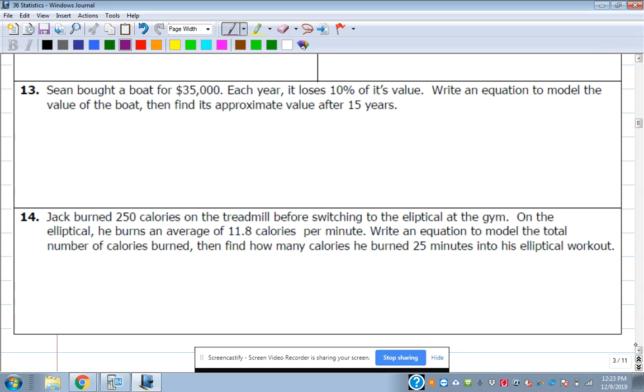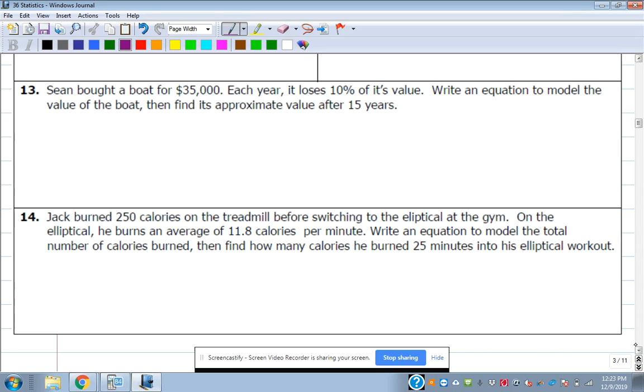No, because the second year it's not worth 35,000 at the beginning of the year, is it? It's worth less than that. It'd be worth like 31,500. Like that, right? And then you lose 10% of that. And then the third year, it's going to lose 10% of that new value. And then the fourth year, 10% of that new value.